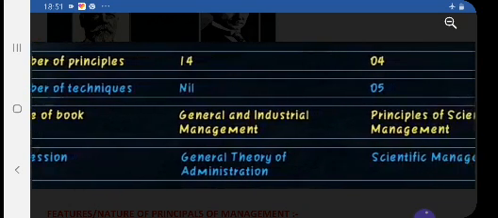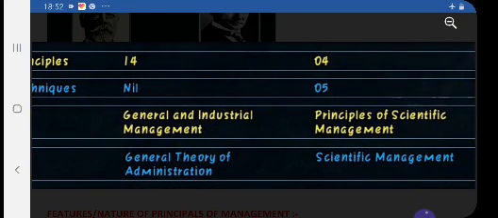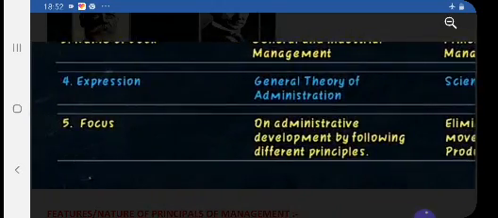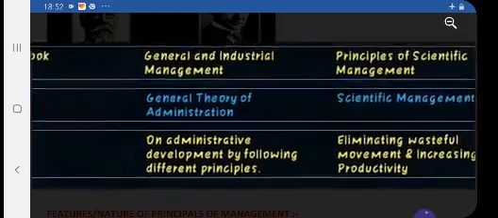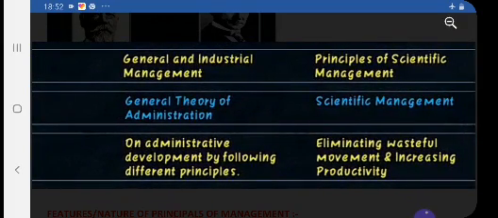Name of the famous book: Fayol's principles were published in the famous book named General and Industrial Management, and F.W. Taylor's book was Principles of Scientific Management. Expression: General Theory of Administration, and Taylor's expression was Scientific Management.